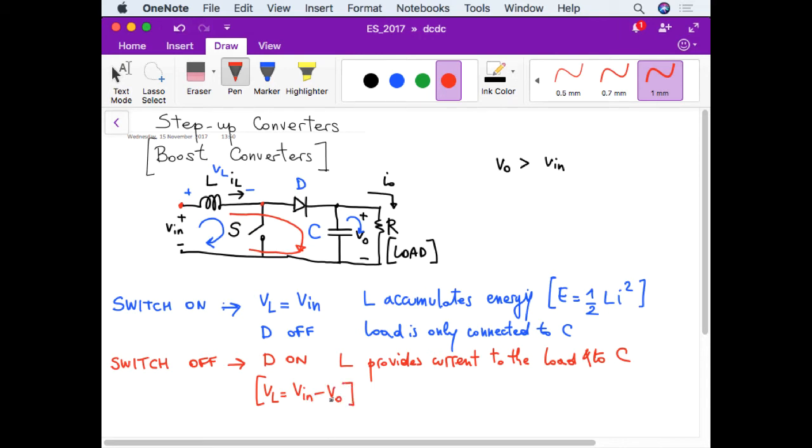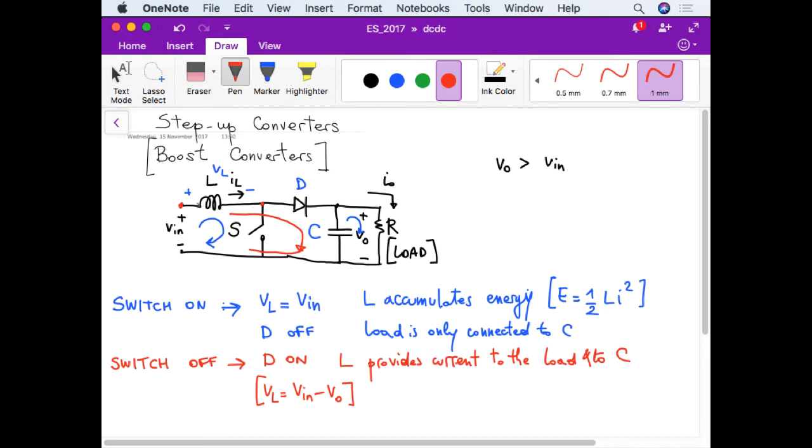Okay, that is also useful to write. So let's consider the situation again, and now a bit more quantitatively.